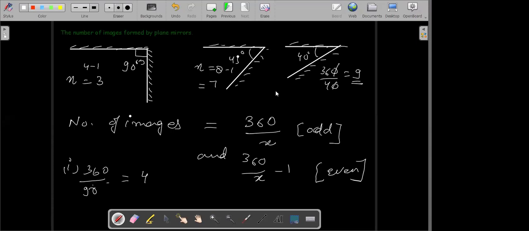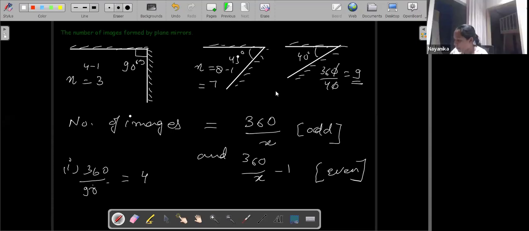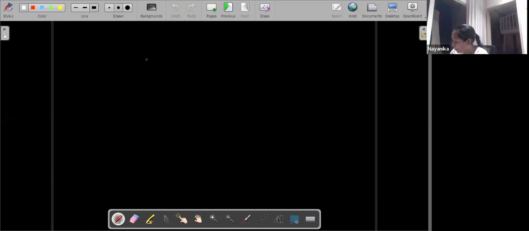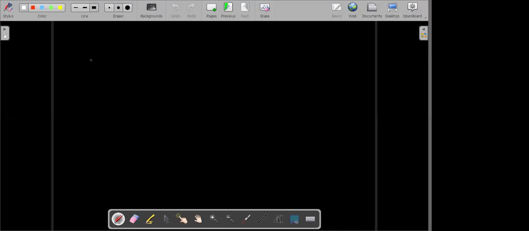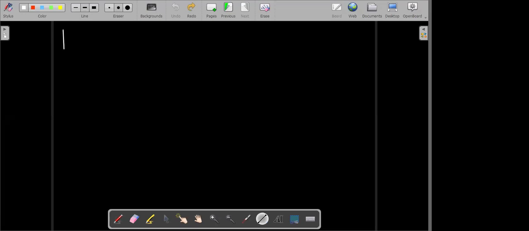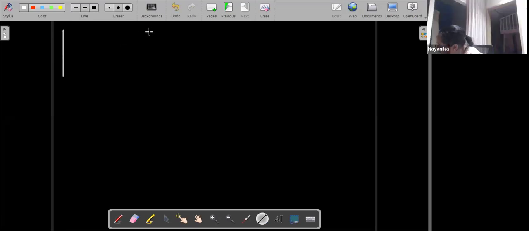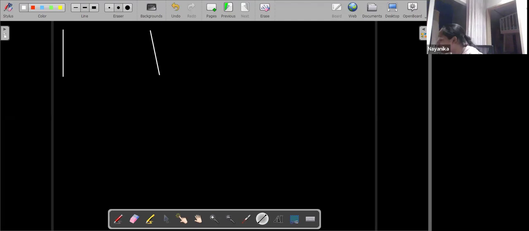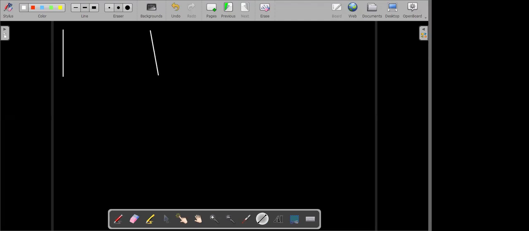Like if you go to a barber shop, you observe two mirrors placed almost parallel to each other. They seem to be parallel to you, but one of the mirrors is slightly tilted. The mirror kept at your back is a little bit inclined like this.